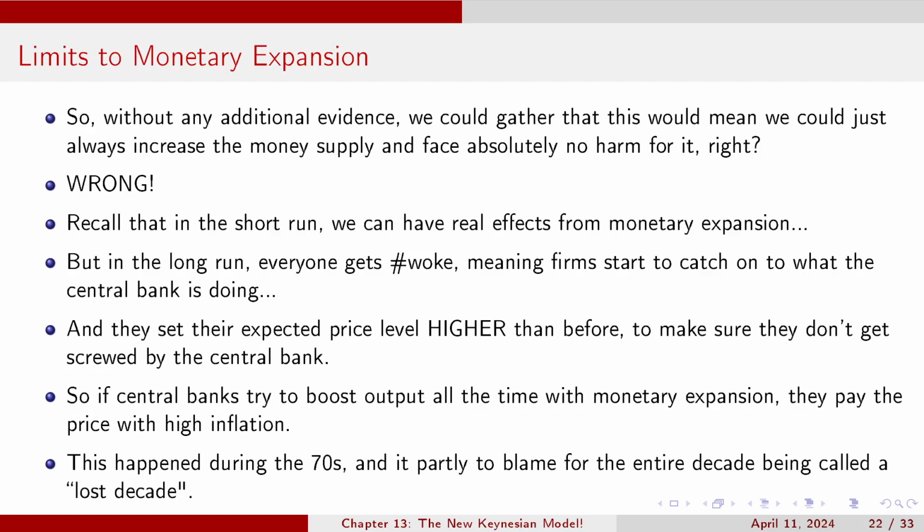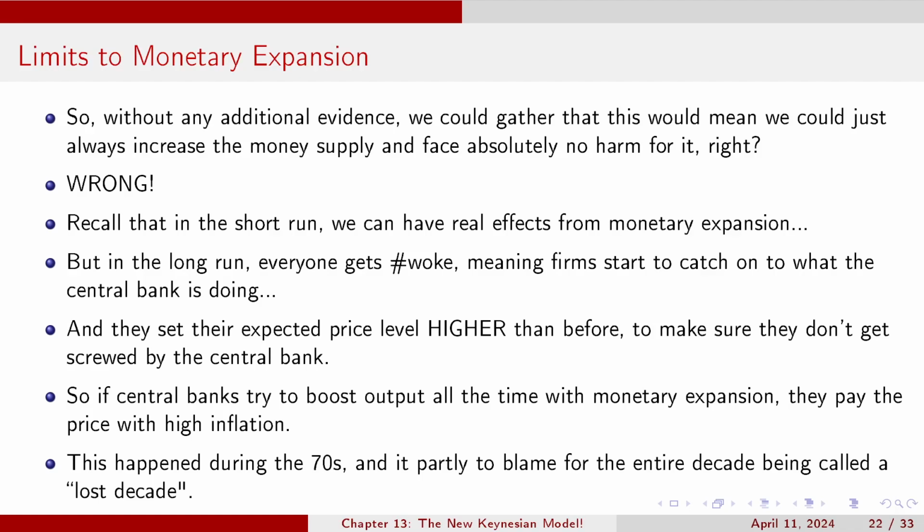Now, there were a lot of economists that saw it coming. The entire monetarist school of economics really saw that coming. Milton Friedman talked about it a lot. But the prevailing sense of things in the policymaker world, the ones that Congress and the president want to actually listen to, they were saying things like, just keep increasing the money supply, because if we do that, you're going to get higher output.